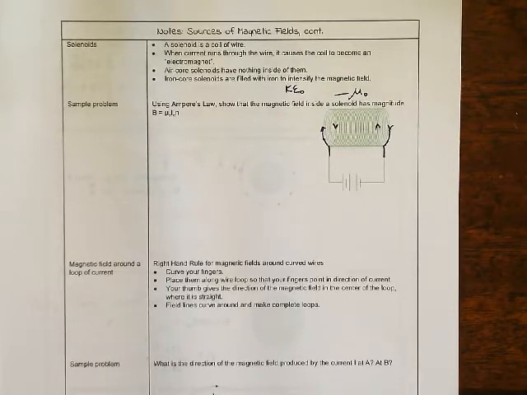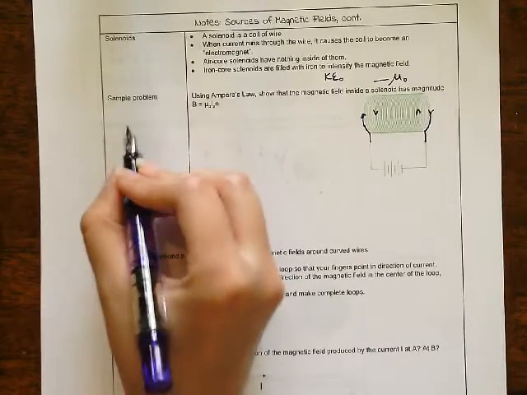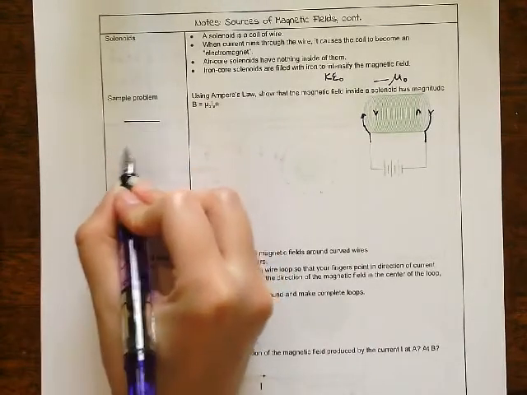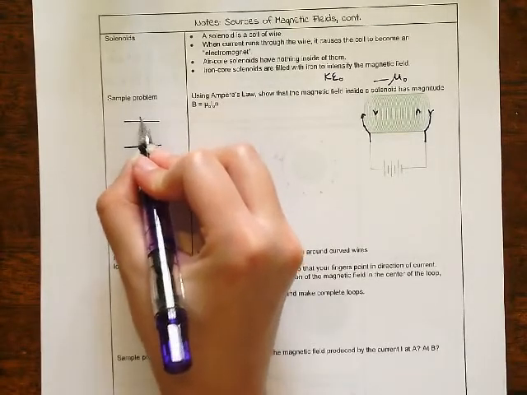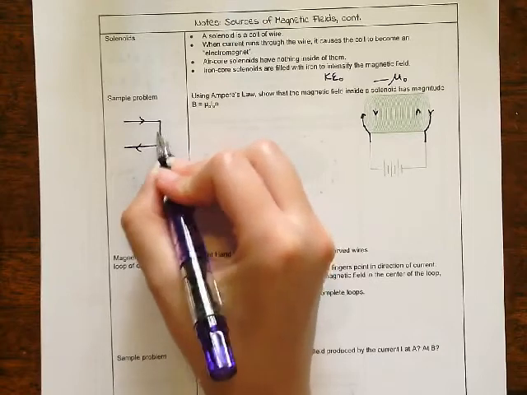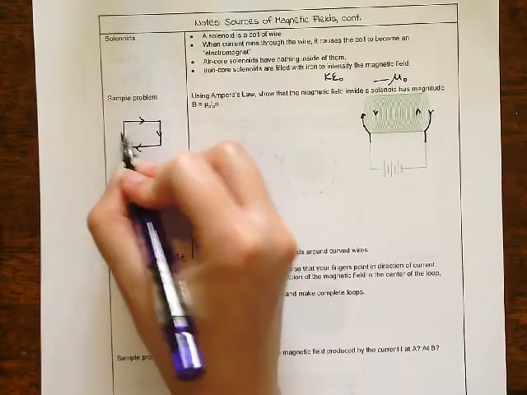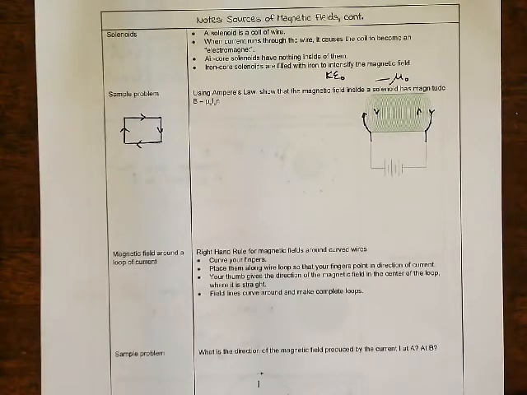To figure out the direction of the magnetic field, maybe before we do that, let's talk again about our two wires with opposing currents. So let's say I've got the current going this way in this one, and that way in this one. Let's make a bit more of a leap, and make it one closed loop, like so. Let's talk about the magnetic field inside the square and outside the square.